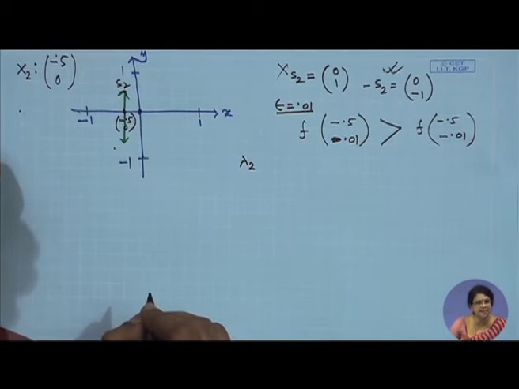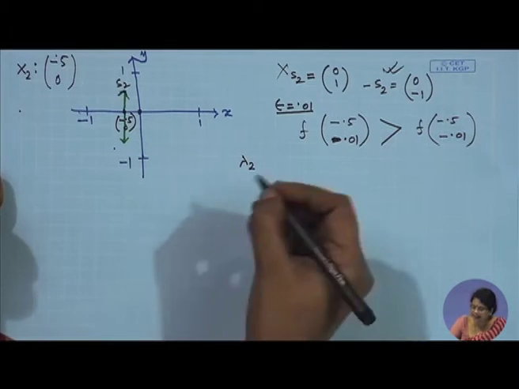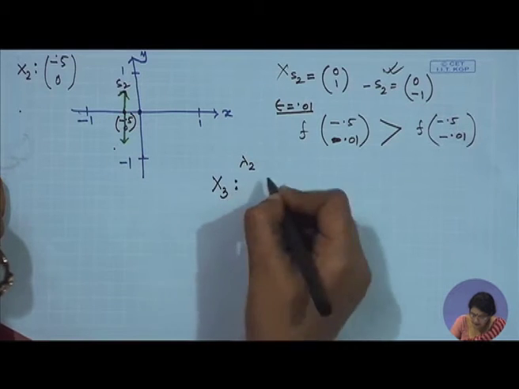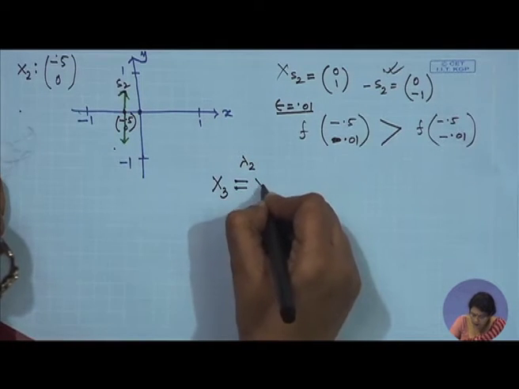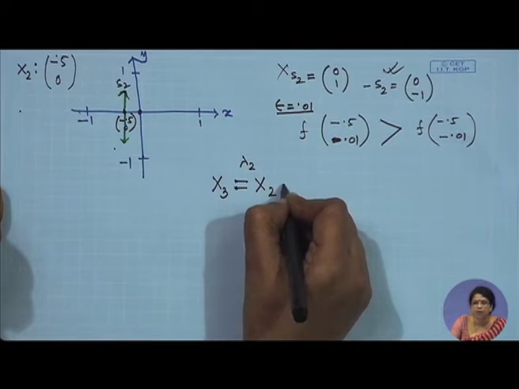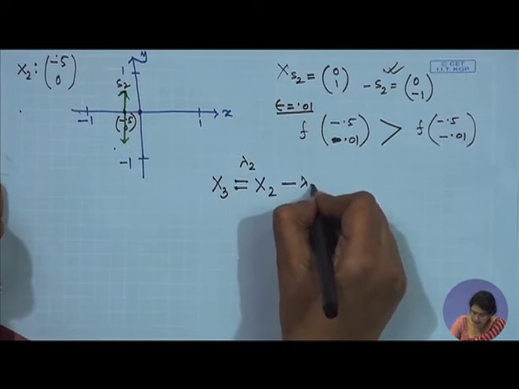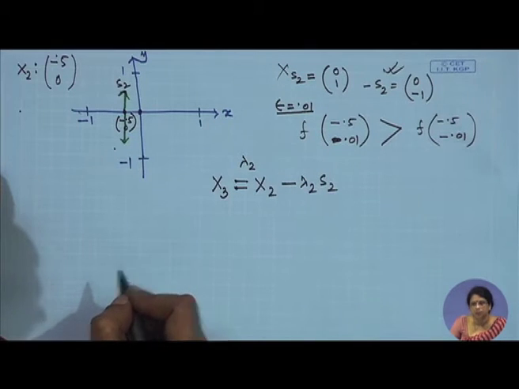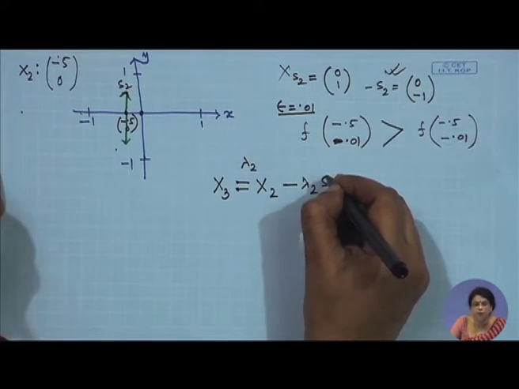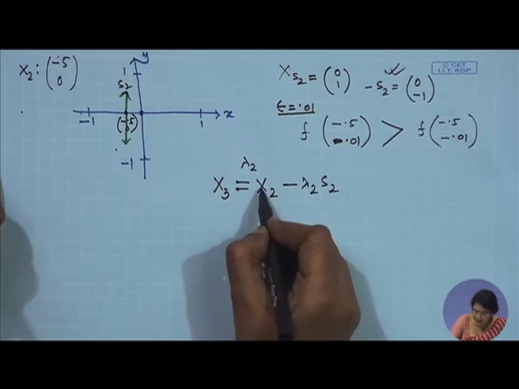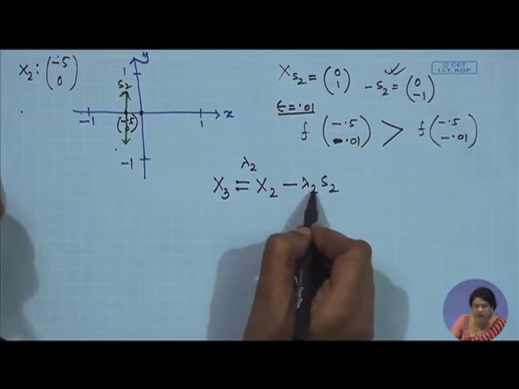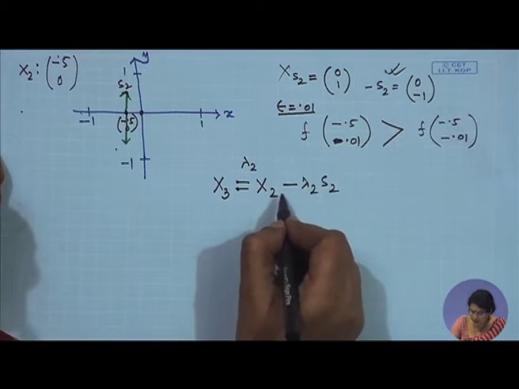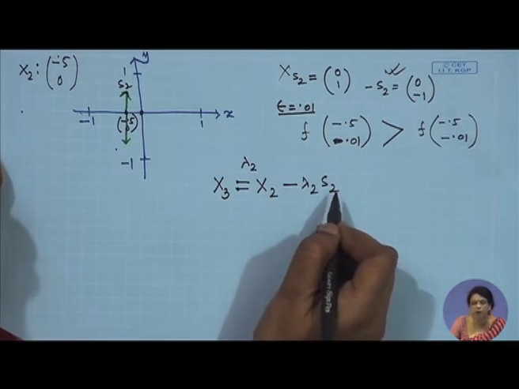Lambda 2 if I consider as a variable, then in the next what we will do? We will find out the point x3 which is equal to x2 minus lambda 2 s2, alright, because if I am going in the positive direction, it should be x2 plus lambda 2 s2, but here we are considering the negative direction, that is why x2 minus lambda 2 s2, alright.